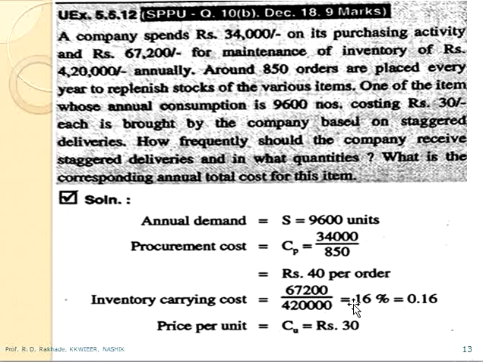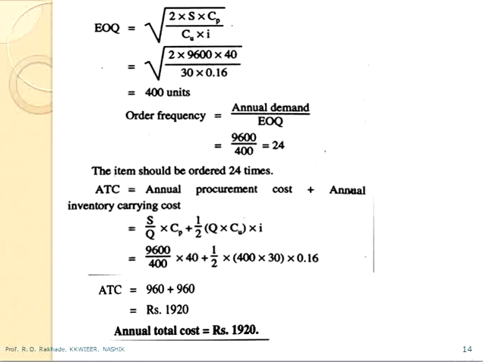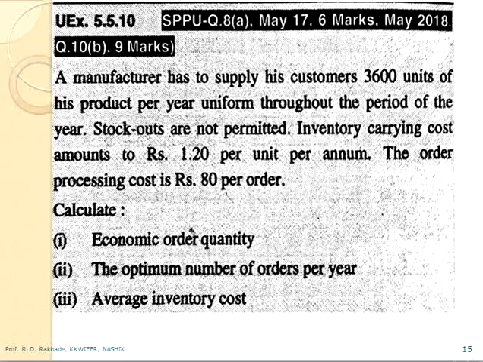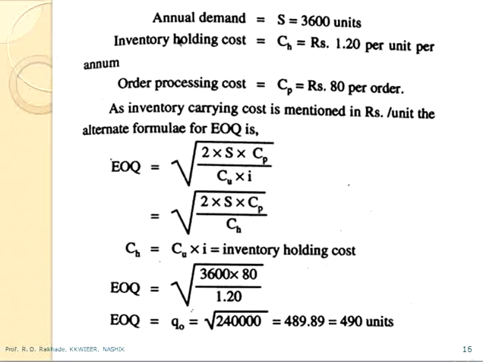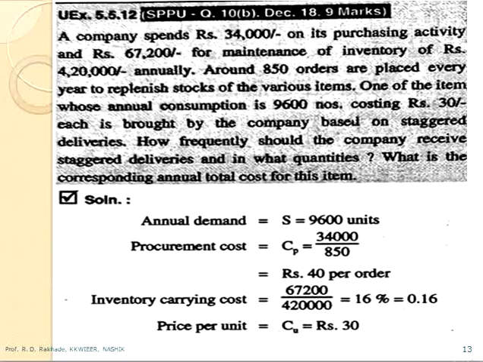What is the corresponding annual total cost for this item? So in short, we want to calculate EOQ and total annual cost. According to the formula, we require S, CP, CU and I. S we have been given as 9,600 units.